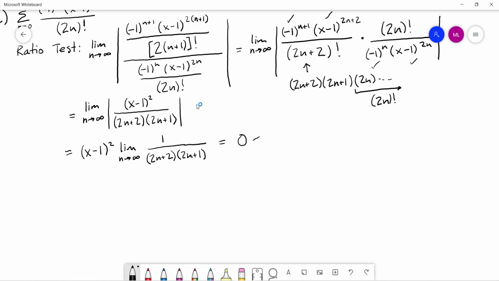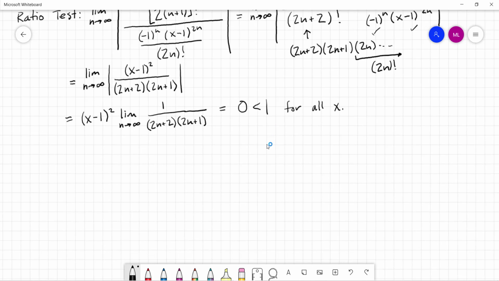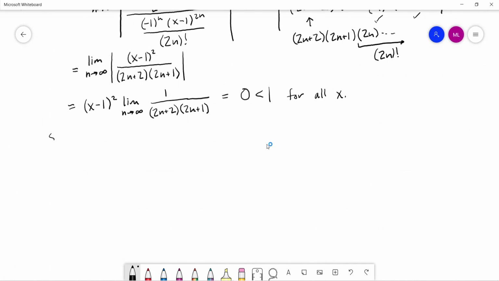This is always less than 1. So for all values of x, pick any finite value of x you want, you multiply it by 0, you're getting 0, and it's going to be less than 1. So this is a case where our radius of convergence is infinite.